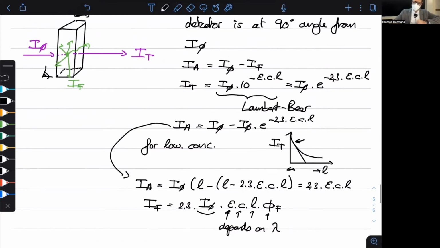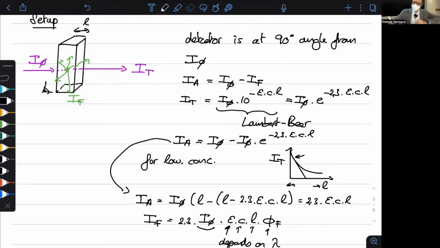Okay. So if we look a bit closer at the cuvette, I'm going to draw a cross section. So I'm going to cut this cuvette in half. And let's look a bit closer.